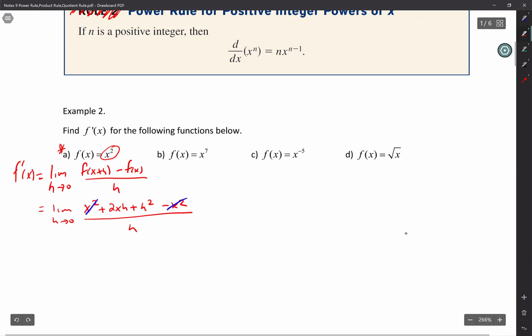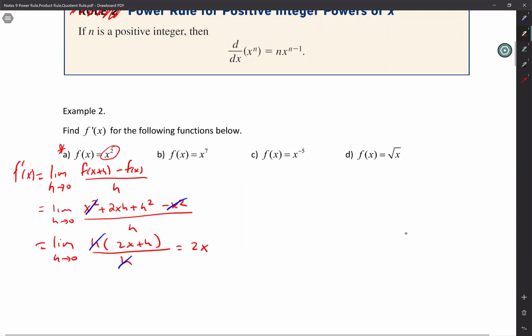I can factor out an h. Limit as h approaches 0, here's my h factored out, and you get 2x plus h all over h. Those h's cancel out, and then you can make h approach 0 and you get 2x. That's how we used to do it. Well, we still do it that way, but that's how.